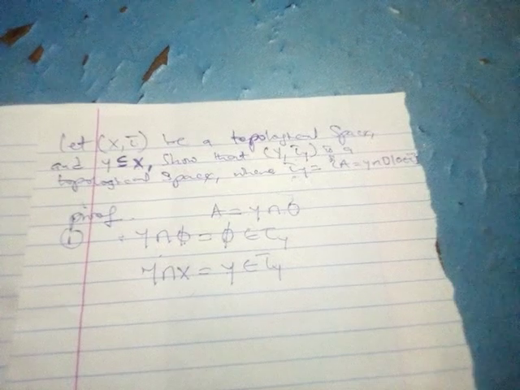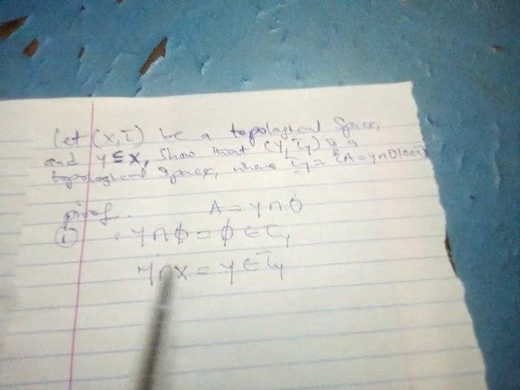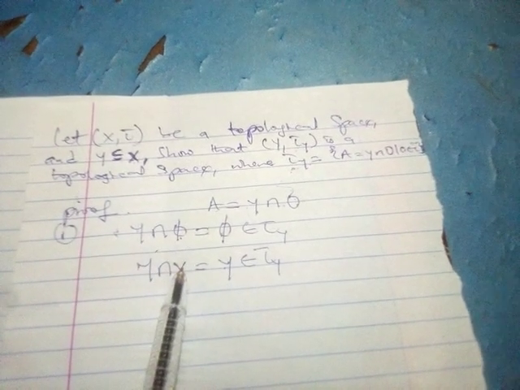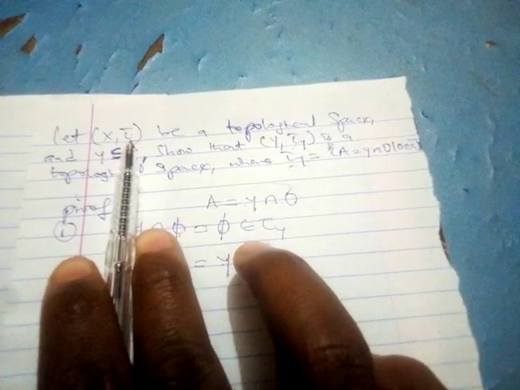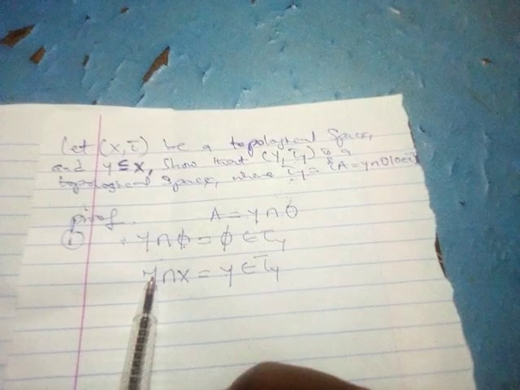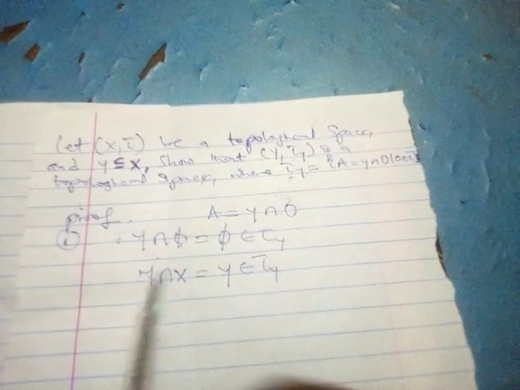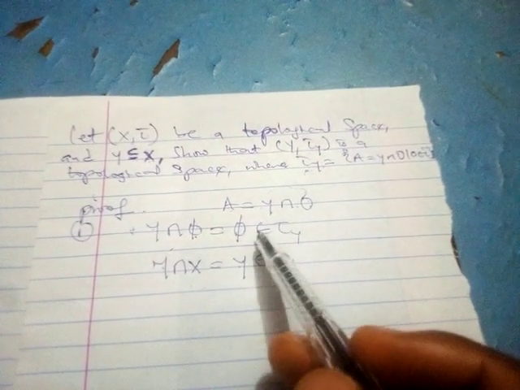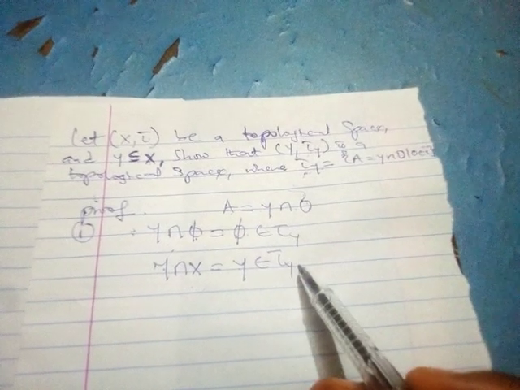Remember the definition: for anything to be in this topology, an open set from X must intersect Y, the subspace. Now, we have shown that the empty set and the whole set are in this topology.